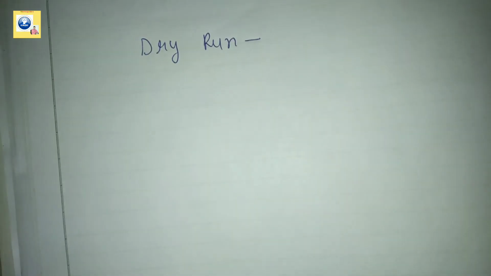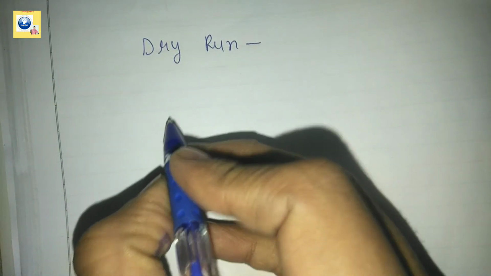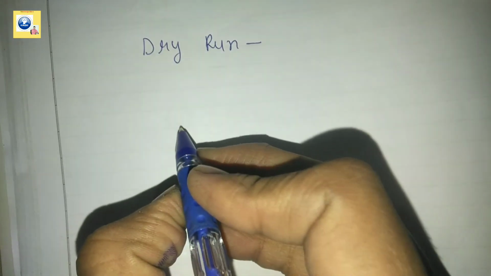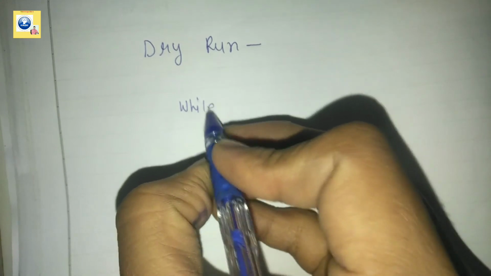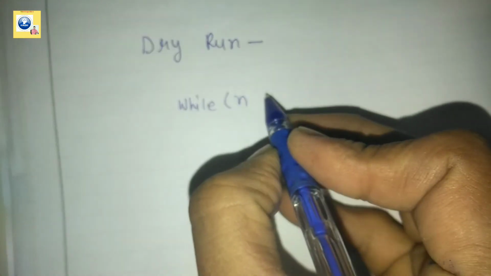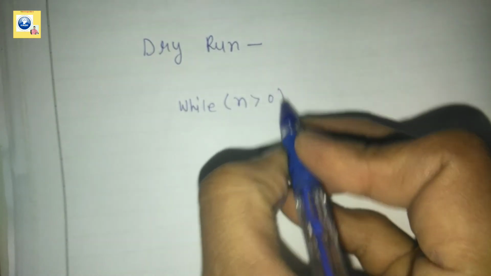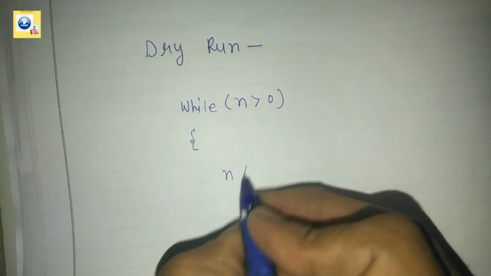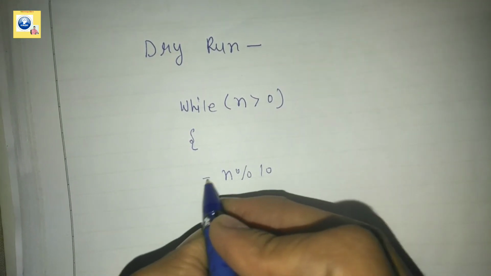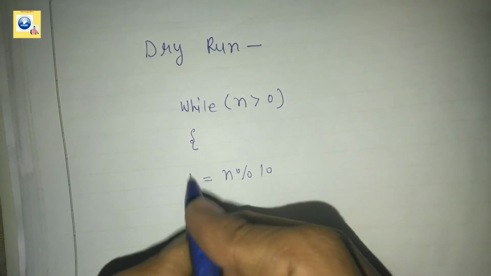Let's see the dry run of the program. Okay, dry run. As we have seen, what we have written as code is that the loop will run when the number is greater than 0. Then after we have to modulo the number by 10.